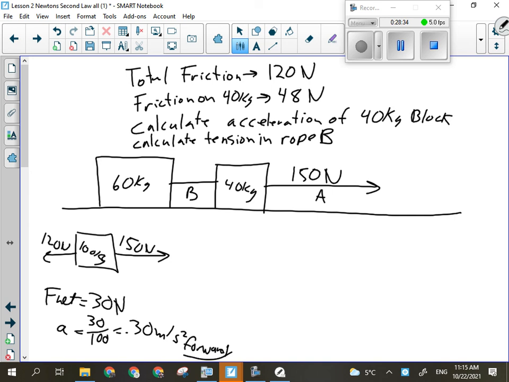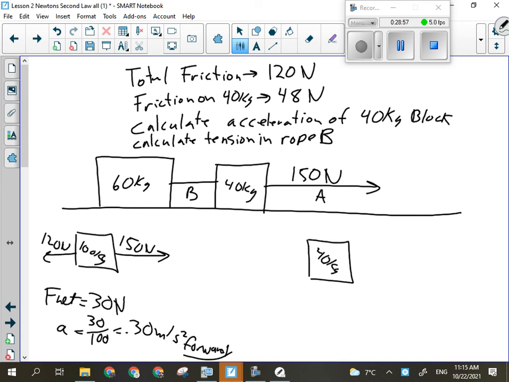Now, find the acceleration of the 40 kilogram block. Done that. Calculate the tension in rope B. How many ways are there for me to do this? 2. Back box or front box. Doesn't matter which one I use, I will get the tension in cable B. I'm going to use the front box just because I want to.